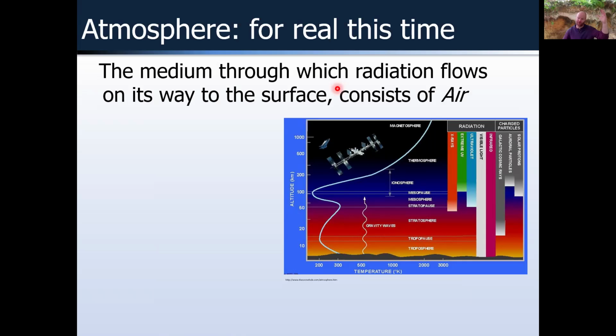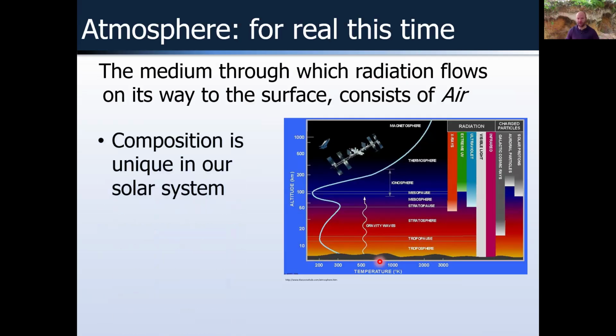So again, the solar constant is the radiation reaching the edge of Earth's atmosphere, and between the top of Earth's atmosphere and the surface, there is this thing called air, and that air has varied composition. We'll talk more about the different composition of Earth's atmosphere in these major layers in a future lecture topic. But for here, we're just going to think about the atmosphere in general and what it consists of.